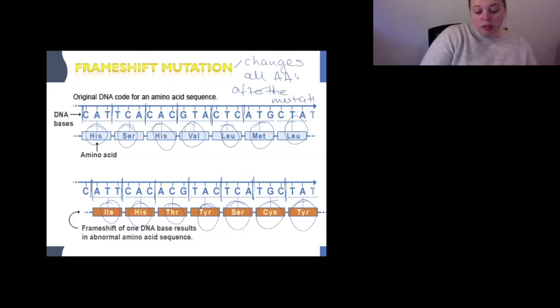This one's usually more severe than what we were talking about with the point mutations, with the fact that you could have a silent point mutation, you could have a missense point mutation. The nonsense point mutation and a frame shift mutation tend to sit on the same kind of level because they're affecting everything after the change.